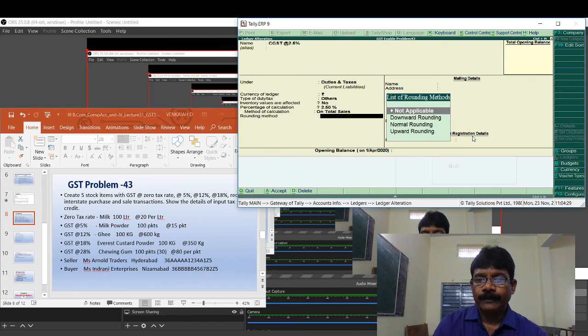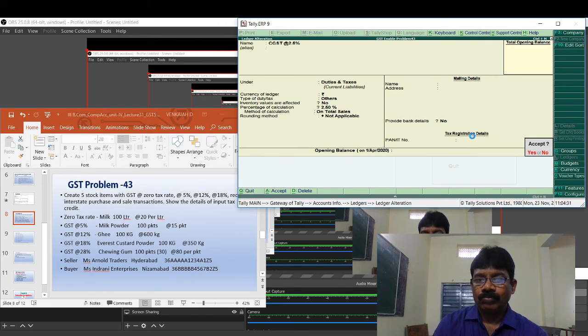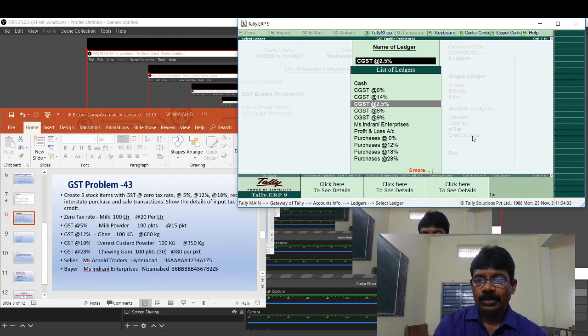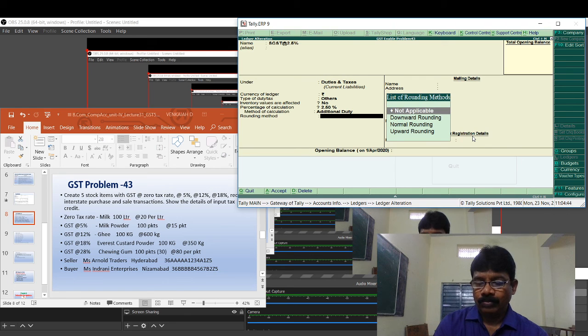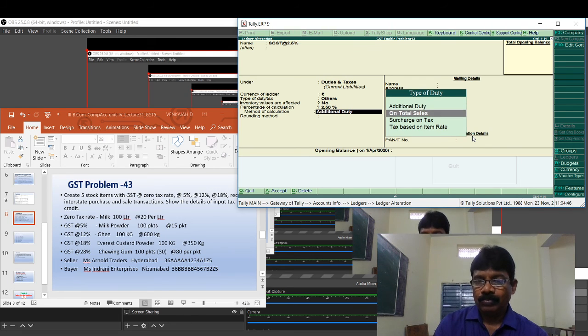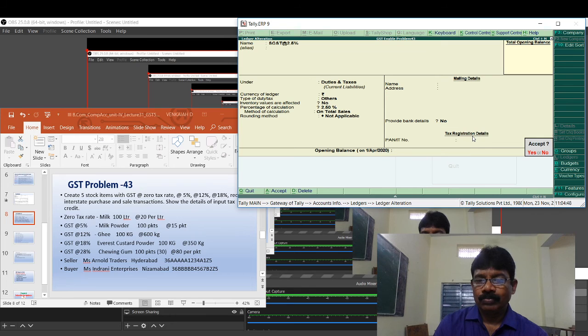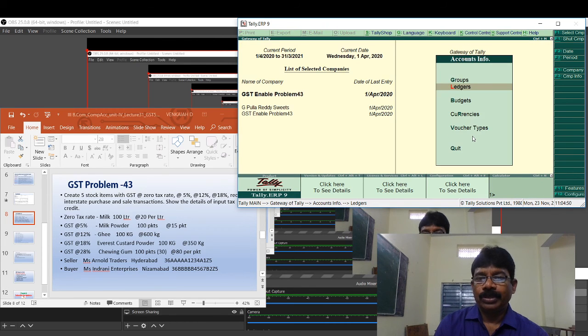Total sales is GST. We'll check the voucher.